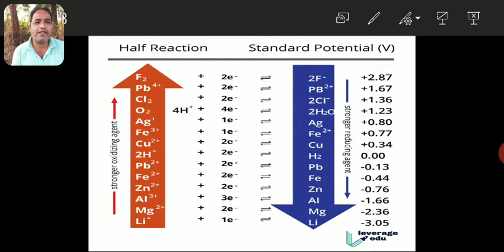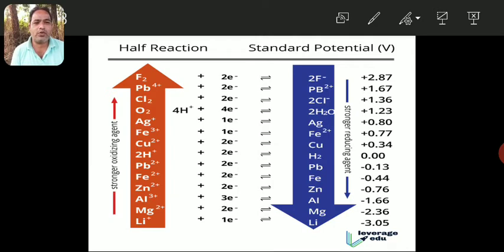An oxidizing agent is a species which itself gets reduced and forces other species to lose electrons. Then a reducing agent is a species which gets oxidized and forces other species to get reduced.